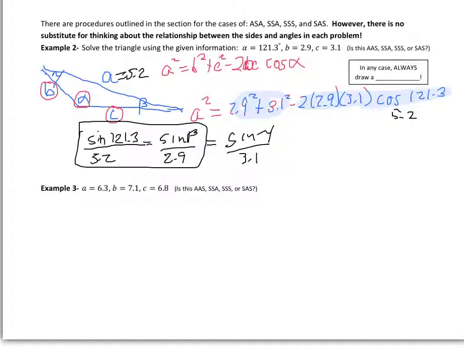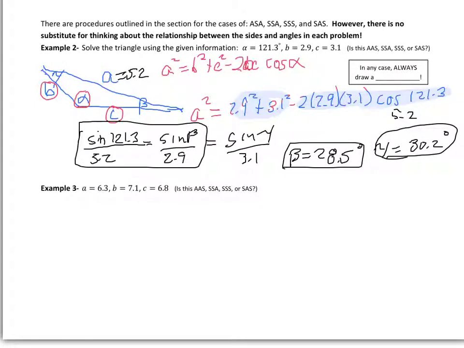Okay, so beta is 28.5. Now to find gamma, you can do the same process, or like Connor said, you can just do 180 minus 28.5 minus 121.3, and we get gamma to be 30.2 degrees. And there you go, our triangle is solved.